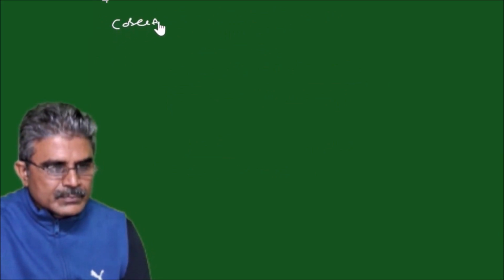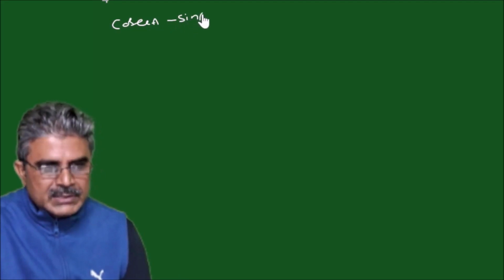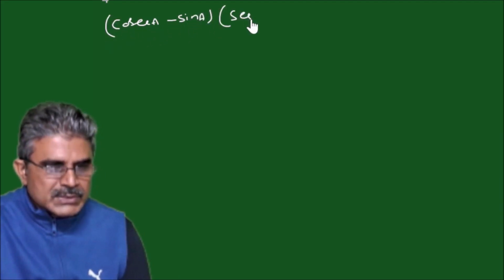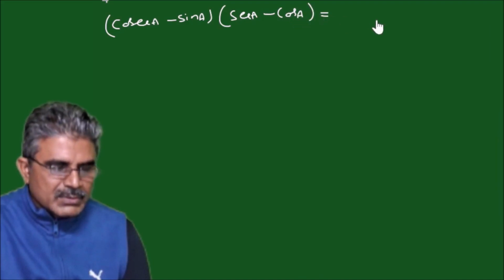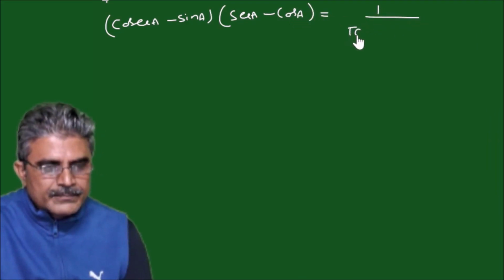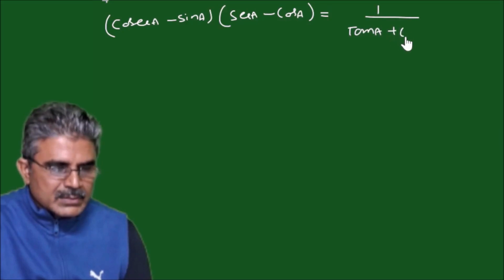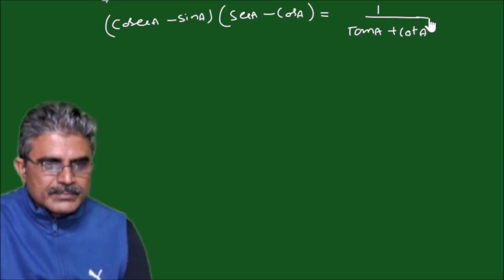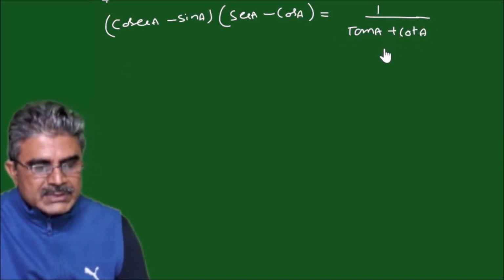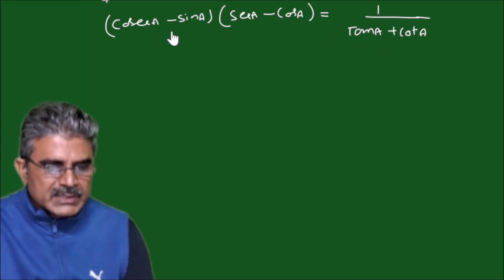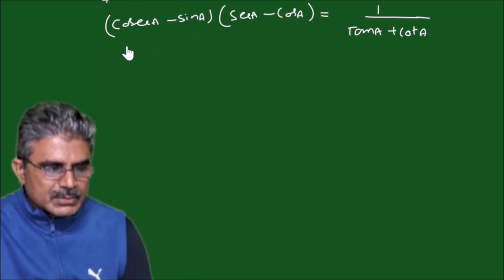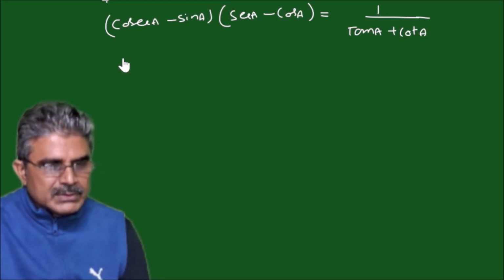Our next problem is (cosec A − sin A)(sec A − cos A). It should be equated to 1 / (tan A + cot A). Since the right hand side has a denominator but the left hand side doesn't, try to convert that one.